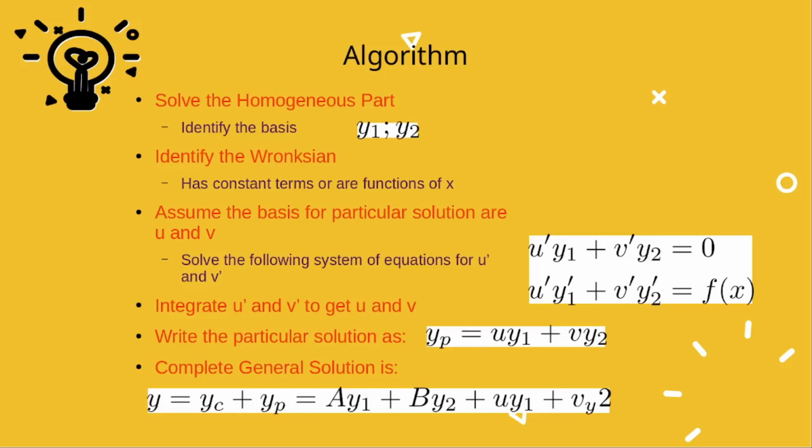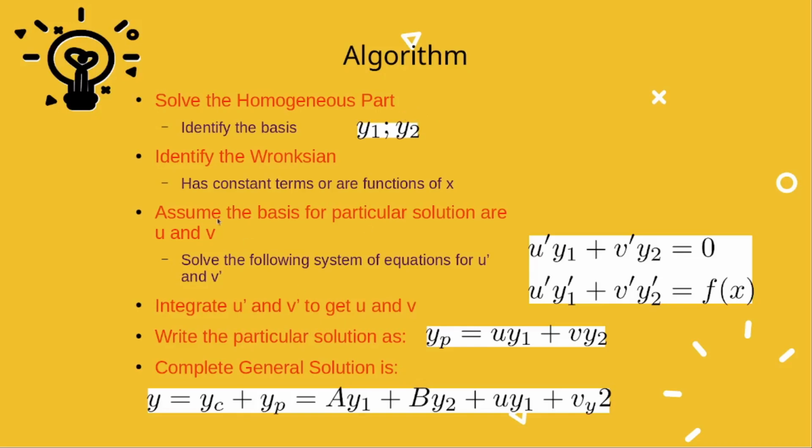The second part of this approach is to identify what is known as the Wronskian. Wronskians are essentially a determinant that consists of constant terms and are functions of x. They essentially take the basis y1, y2, which are the solutions of the second order homogeneous ODE, and then they take its derivatives and then use that to create a Wronskian.